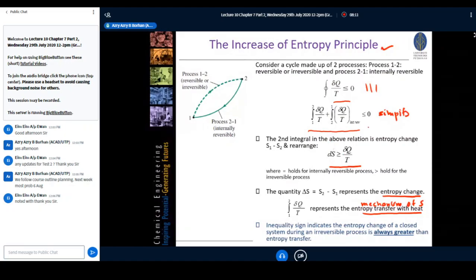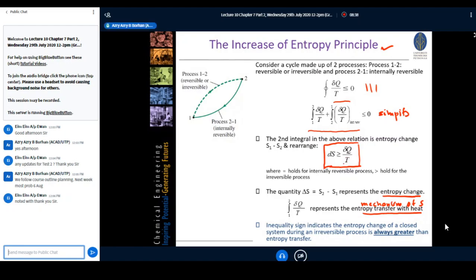When you summarize that, you come out with this equation: delta S is greater than or equal to the integral of delta Q over T. The left side represents entropy change, whereas the right side represents the mechanism of entropy transfer by heat transfer, because you have delta Q over T.